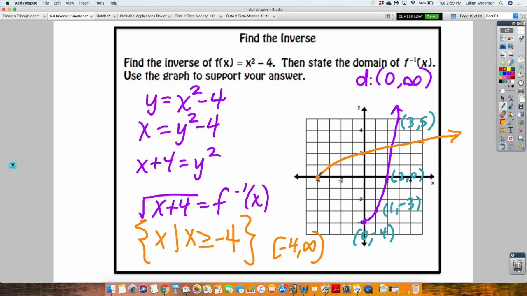So the domain of the original function is the range of the inverse. And the range of the original function is the domain of the inverse. You see it? And it always applies. It's always like that. Because they're inverse functions, literally everything is switched. X and Y. Remember, domain is X and range is Y. So those get switched too. Okay?